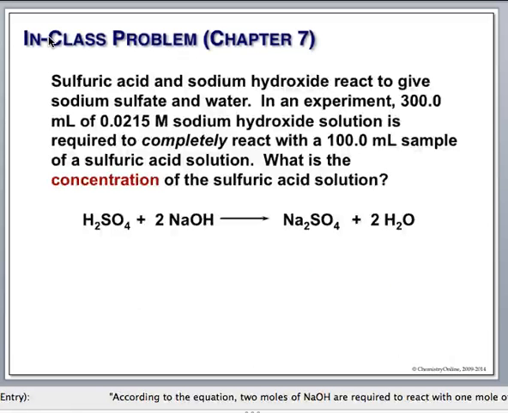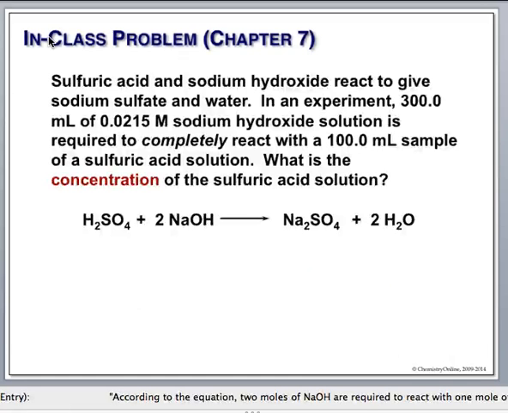Now back in Chapter 7, long time ago, we did this problem in class where we have sulfuric acid reacting with sodium hydroxide. We made sodium sulfate and water. We were told we had 300 mils of 0.02 molar sodium hydroxide.